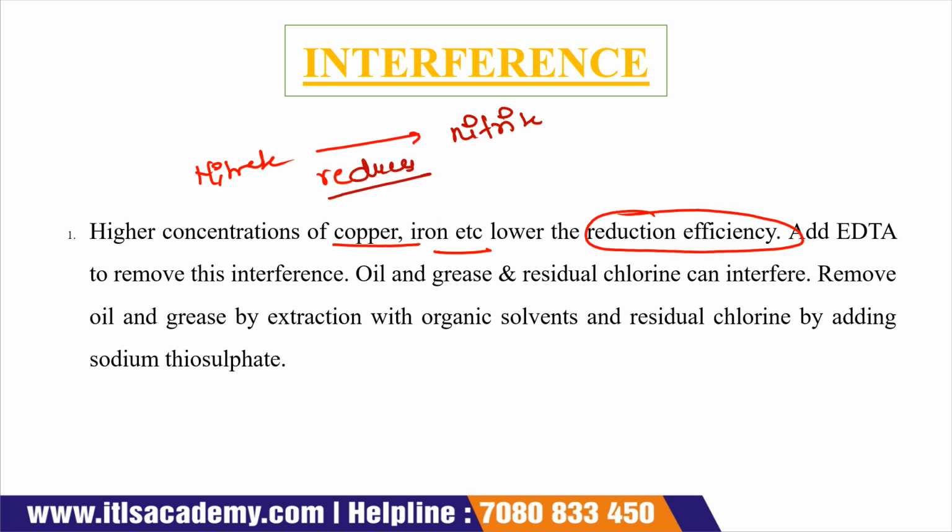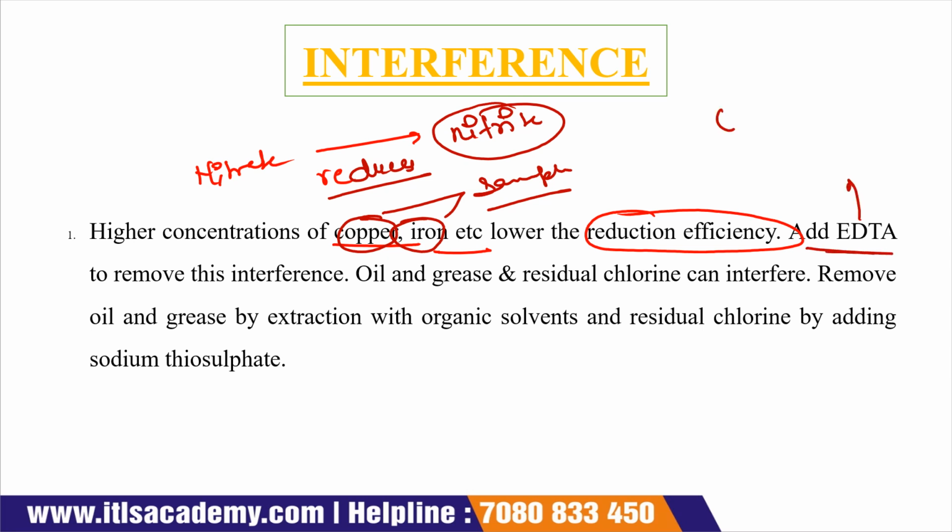Now if a high concentration of copper and iron is present in the sample, it will lower this reduction efficiency. So for this we add EDTA, and this EDTA removes the copper and iron. Oil and grease and residual chlorine can also interfere.